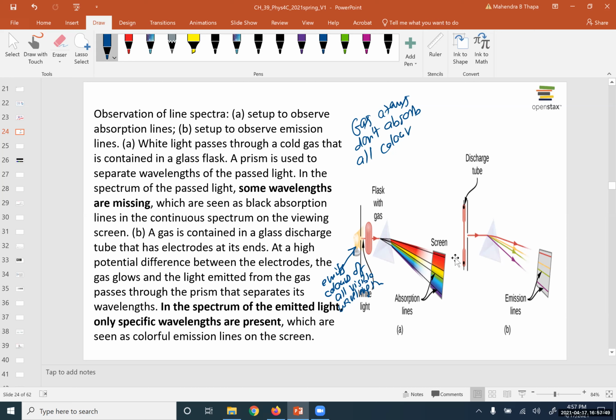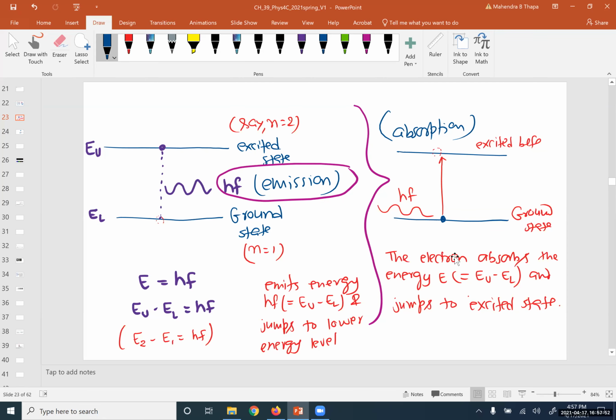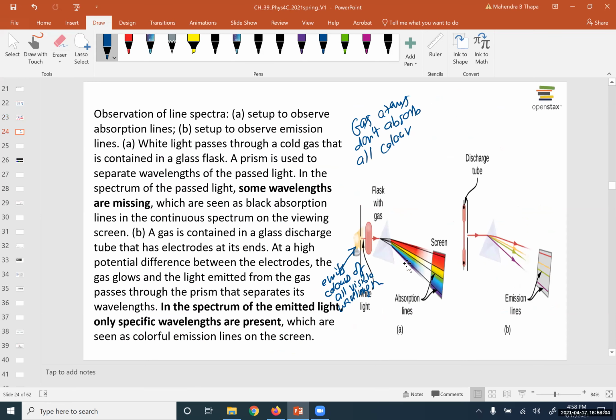because we know that to have absorption, we must follow the condition that the energy absorbed or energy gained must be equal to h times f. Okay, this condition must be fulfilled. So it will not absorb all colors, but only selected ones, following the rules.